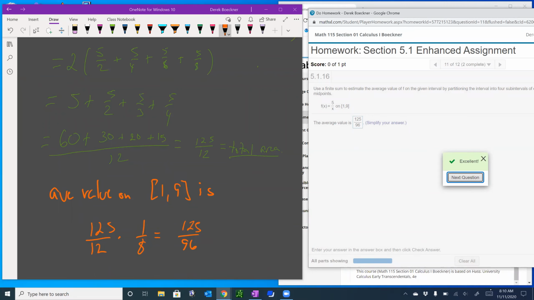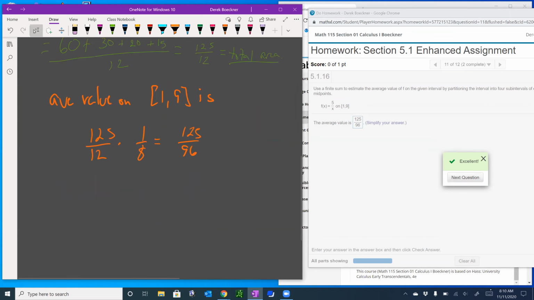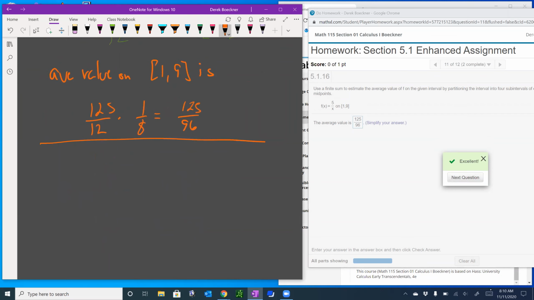And that averaging part might be what? Yeah. Okay. So let me write that out explicitly. The average value of f on [a, b] is equal to the integral from a to b of f of x dx times 1 over b minus a.